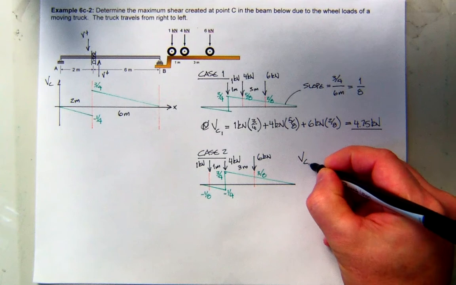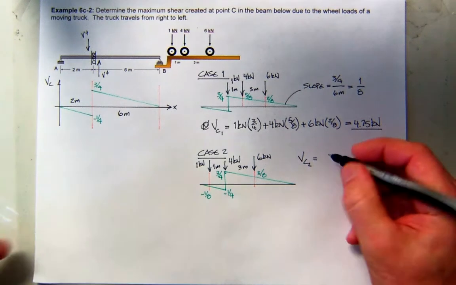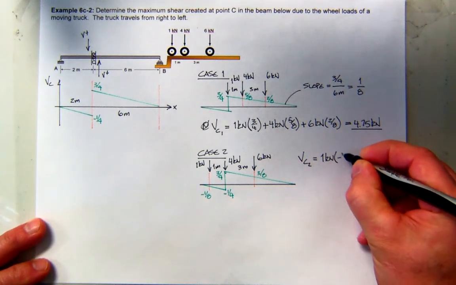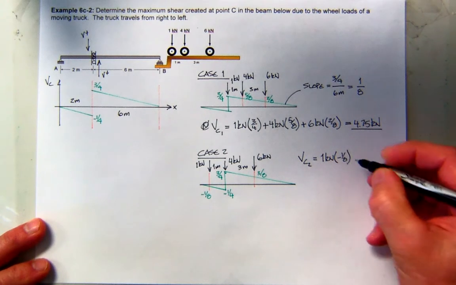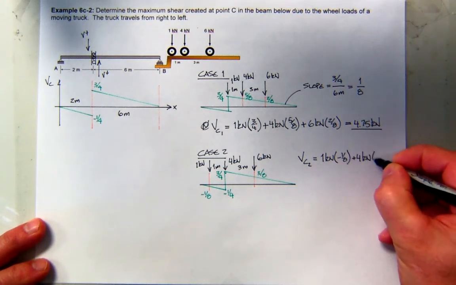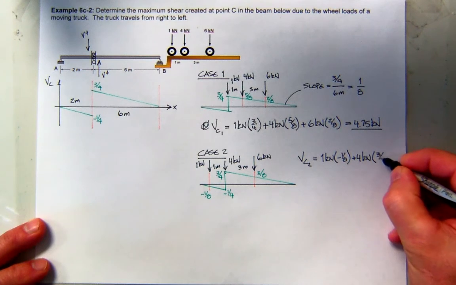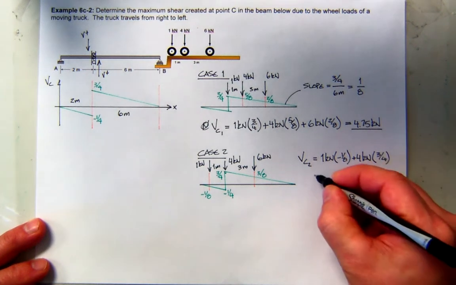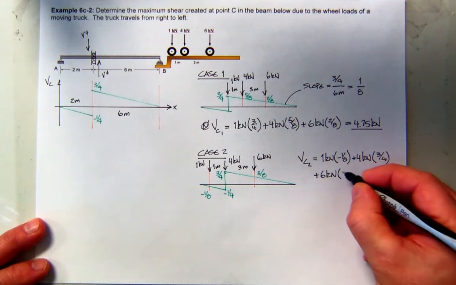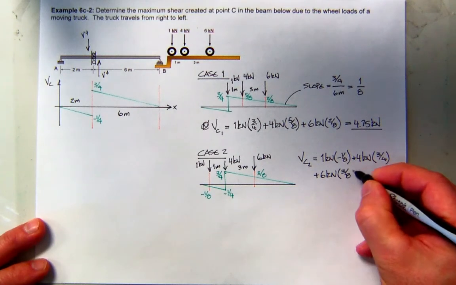I'll see if I can squeeze all this in over here. So the shear at C for case 2 is 1 kilonewton times negative 1/8 plus 4 kilonewtons times positive 3/4 plus 6 kilonewtons times positive 3/8.